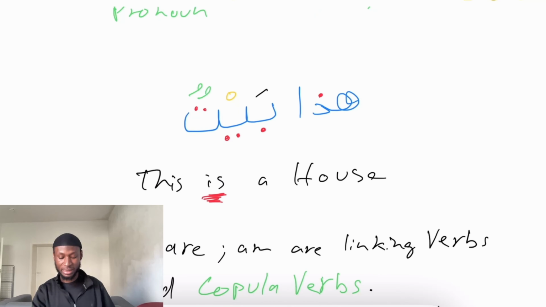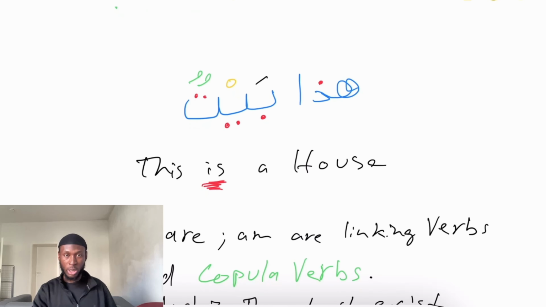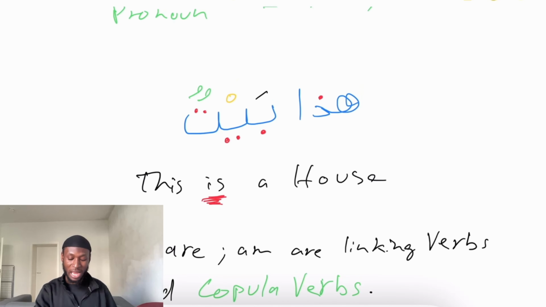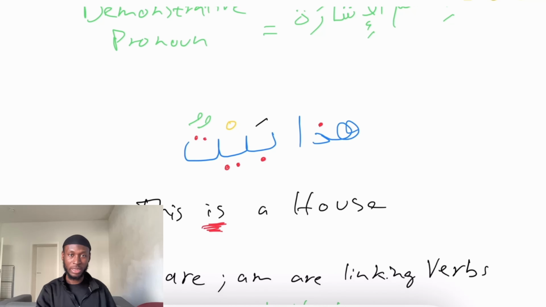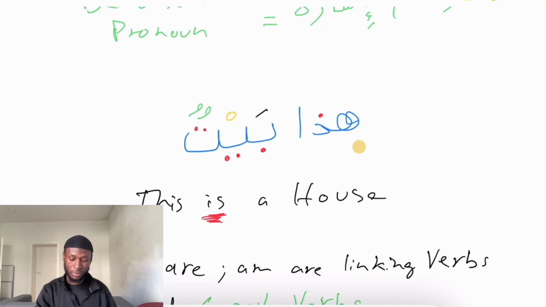Now we have hada baytun. The translation of hada baytun is this is a house.